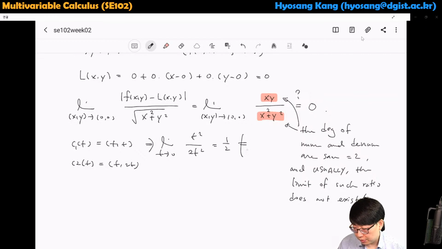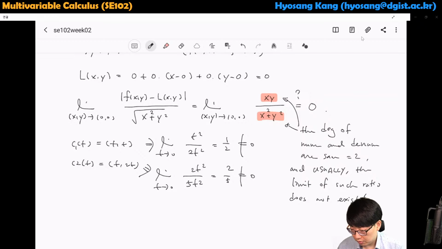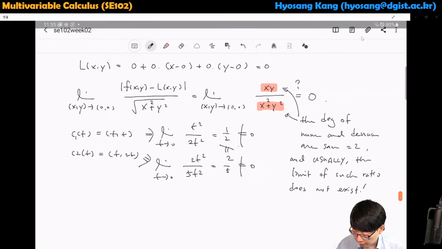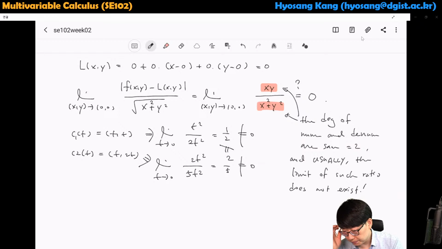So already it's not 0, so we are already done, right? But let's try one more thing. We have 2t squared over 5t squared, so it becomes 2 over 5. It's also not 0, and it's different from the previous limit we found. So the limit doesn't exist. The limit already does not exist, so we know that this function is not differentiable at (0,0).